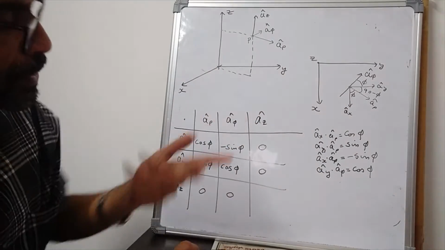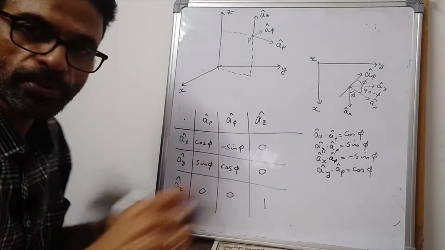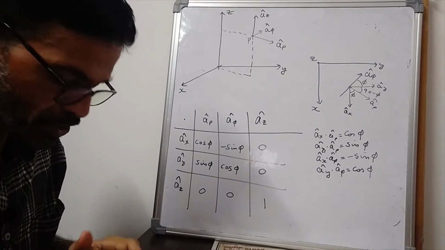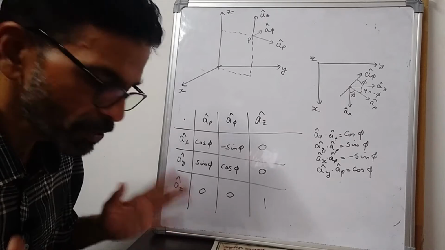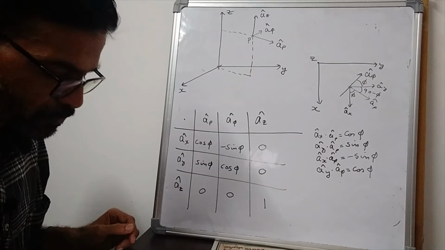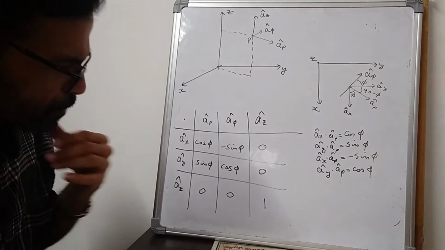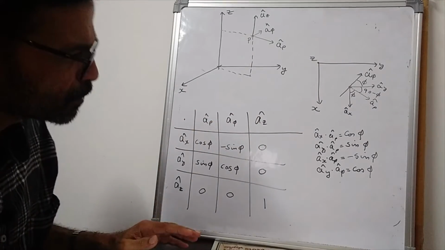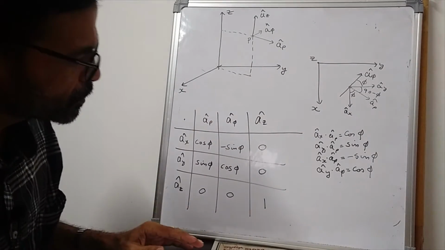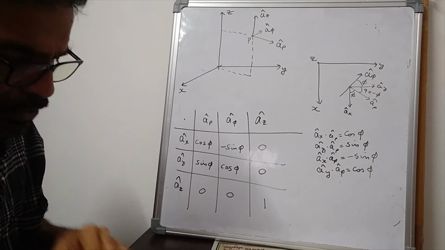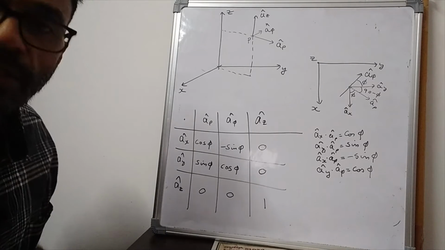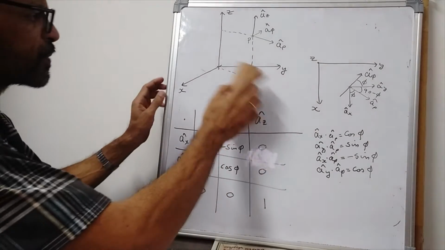And az dot az, we know the result is 1 because the magnitude is 1 each, and essentially you are taking the dot product of a unit vector with itself. So this is the solution to this problem. It's actually more of a derivation, not a numerical problem, but still this table will be quite helpful when we solve the remaining problems which we will be discussing.